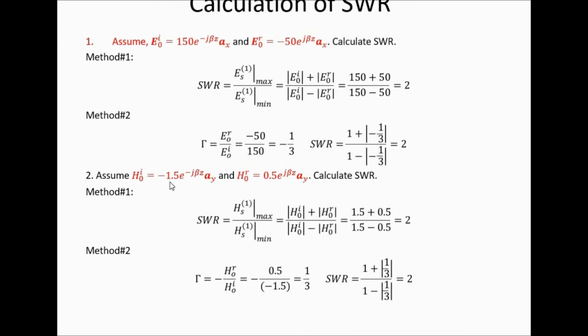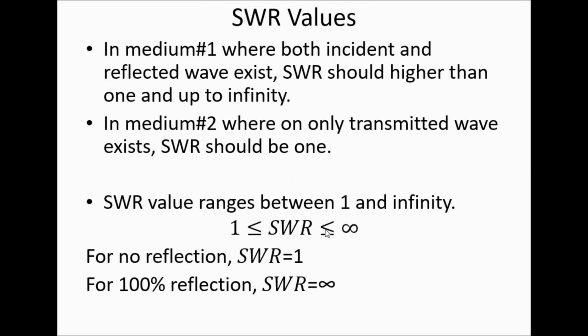Similarly, for the magnetic field, you can find the SWR using HS maximum and minimum, or using the reflection coefficient. So SWR value in medium 1, where both incident and reflected waves exist, should be higher than 1 and up to infinity. In medium 2, where we have only one transmitted wave, there will be no SWR, no standing wave, because a standing wave requires at least two waves in opposite directions.